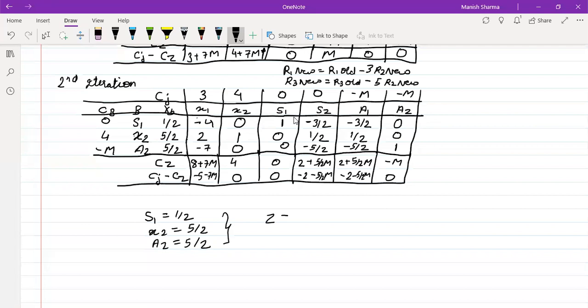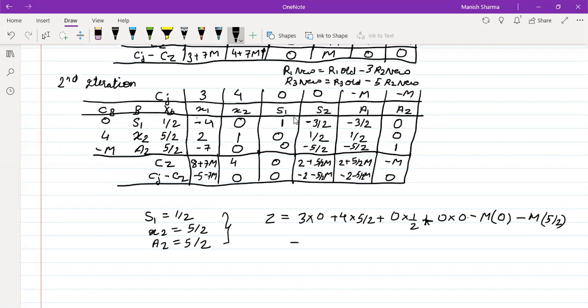So if these are your basic variables, then your value of Z will be equal to 3 into x1, x1 is 0, 3 into 0, plus 4 into 5 by 2, plus 0 into s1, 0 into 1 by 2, plus 0 into s2, s2 is equal to 0, minus m into a1, a1 is 0, minus m into a2, a2 is 5 by 2.